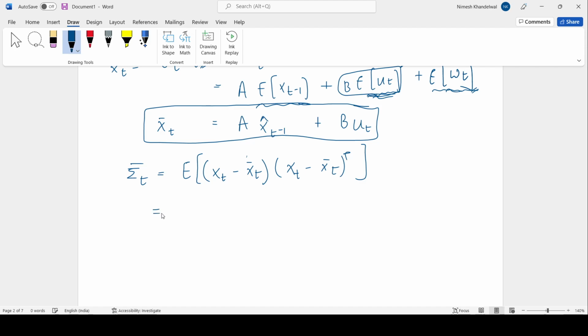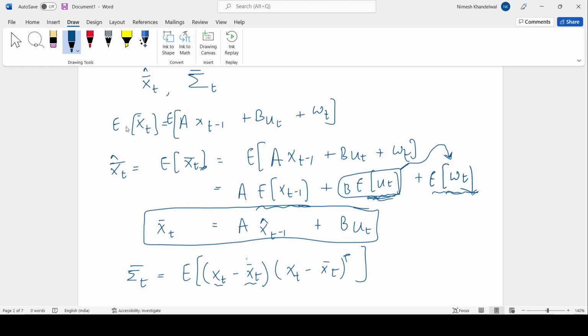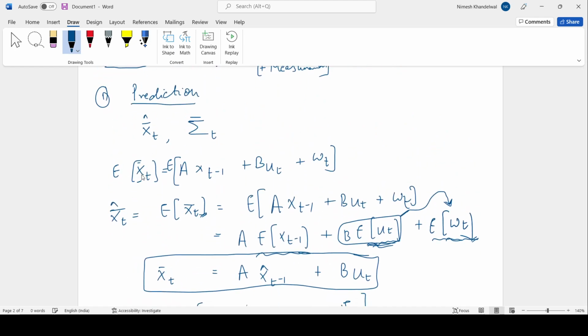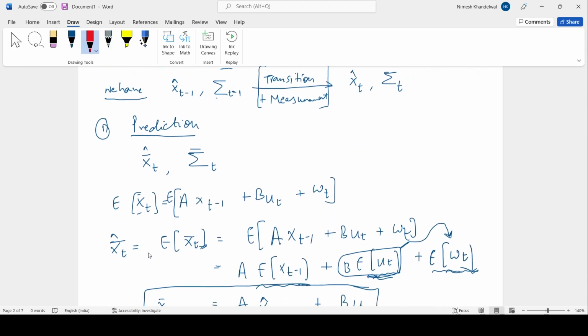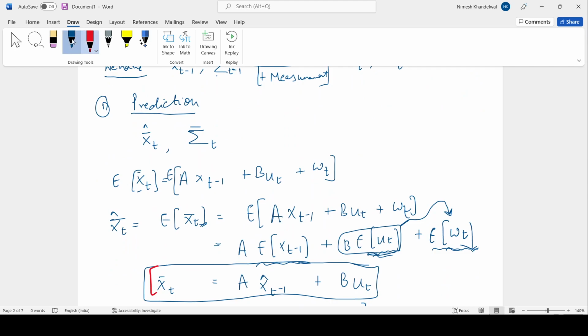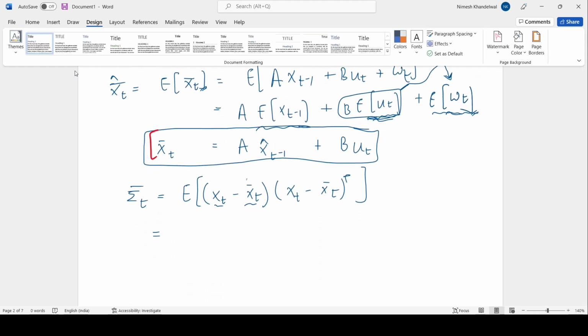If I just write everything, x_t and x bar t from the equations that I have here, this is my x_t and this is my x bar t.